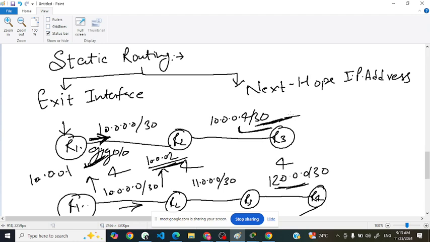Venkat, is it clear? Yes, that's clear. Okay.